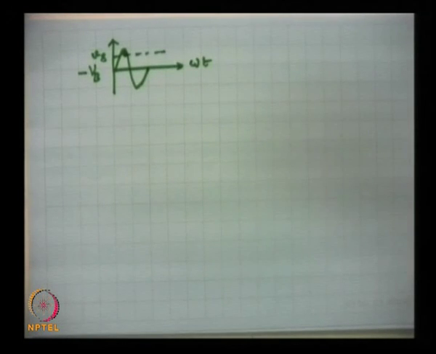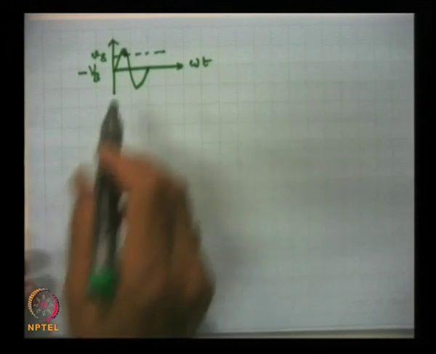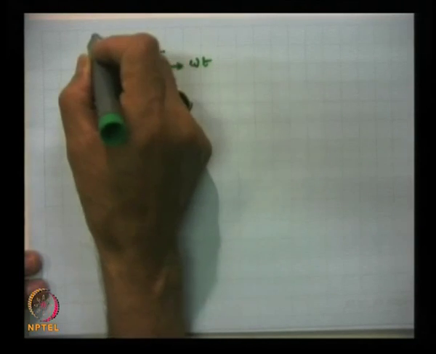The emitter base junction will be forward biased only here. This is Vi.